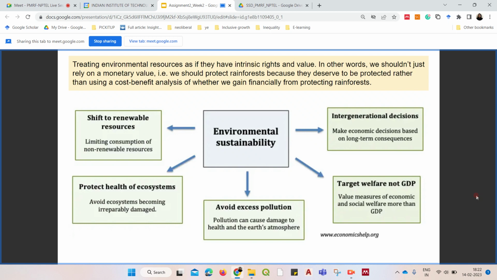Then is the shift to renewable resources. As you know, this is again a very important aspect of environmental sustainability. A lot of the resources which we use are non-renewable resources. A very good example of this is fossil fuel. Fossil fuel is actually not non-renewable if you see the broader sense, because fossil fuels are generated through natural processes, and over a large period of time they will be regenerated.